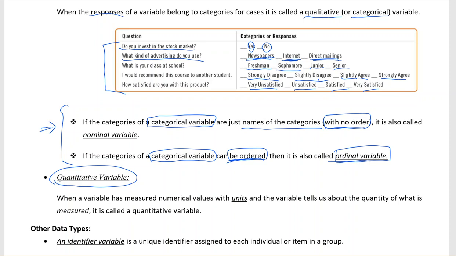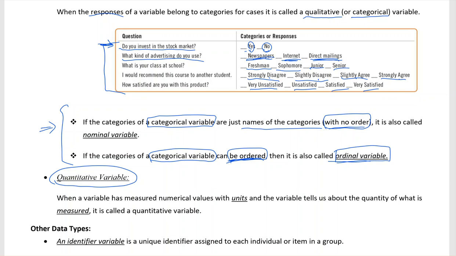All right, so let's talk about the first example. Do you invest in the stock market? First, you need to decide whether it is a categorical variable or not. Your response belongs to either one of these two categories, right? So it is a categorical variable. Then you need to decide whether these two categories can be ordered or cannot be ordered.